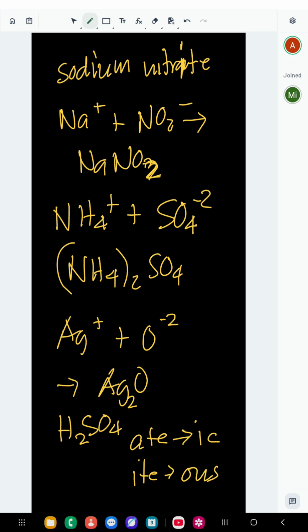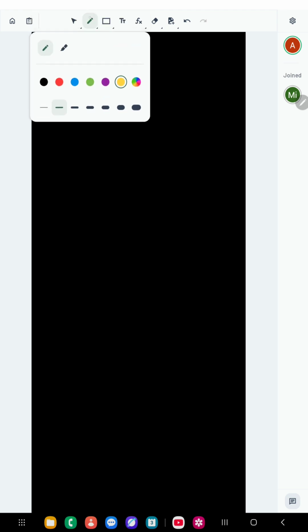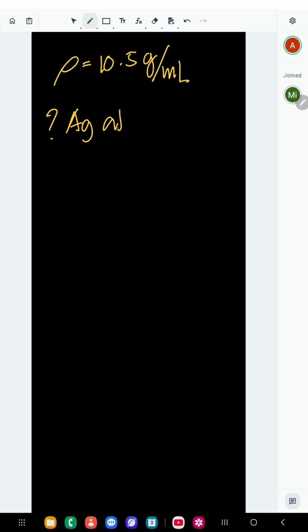Okay, we go to the next one, next problem, next paper. The density of silver is 10.5 grams per milliliter. How many silver atoms are contained in a 25.0 mL sample?